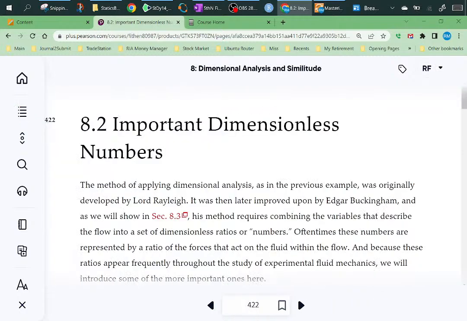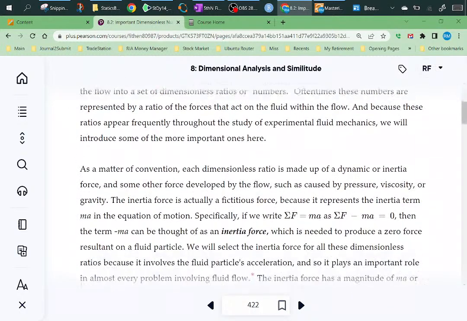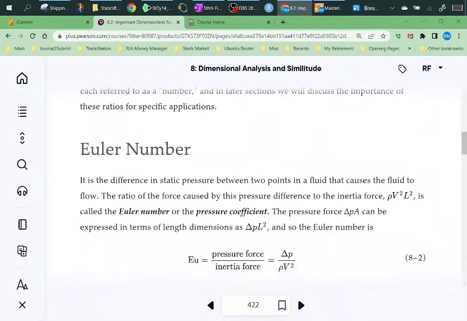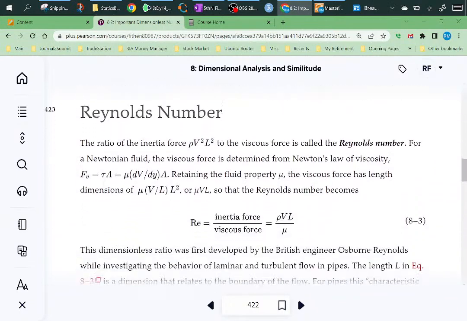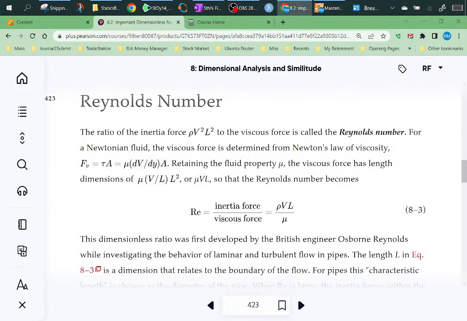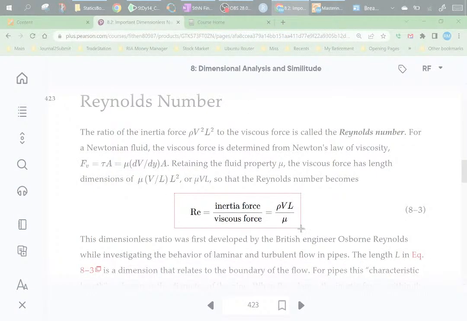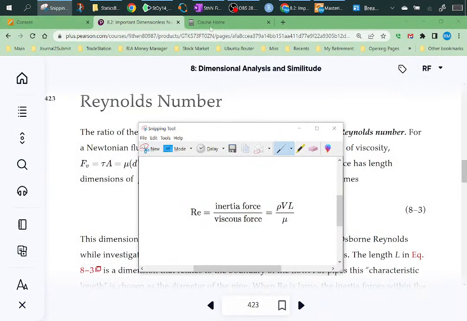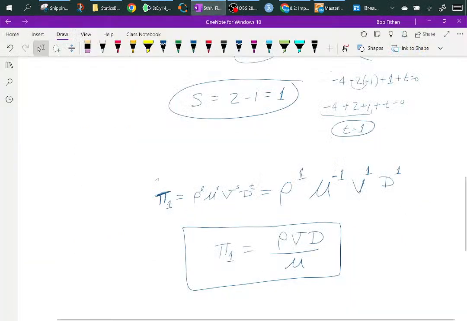So, important dimensionless numbers. And the first one, no, the second one. If you look, that's exactly what that is. So they discovered this. So if you do a snippet, do a new one, and grab it, and go back to our thing, and just drop it in there.